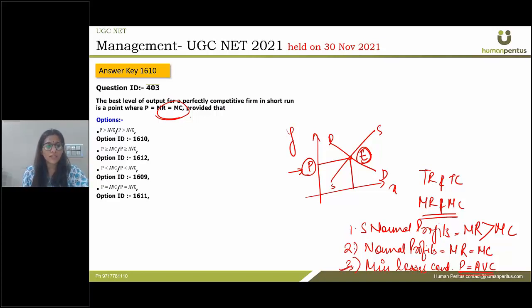Now the question is asking about the best level of output. What would be the best level of output accordingly? It would be a point where the price at least must be greater than the average variable cost. That is, it must be able to cover the average variable cost, may not be the fixed cost. So accordingly, option 1610 is the correct answer, which is the price is greater than the average variable cost.